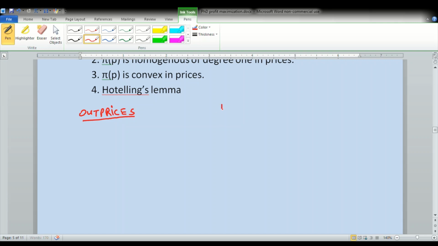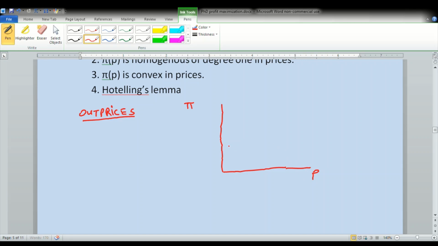Suppose we have plotted profit along the vertical axis, so this is pi, and p along the horizontal axis.